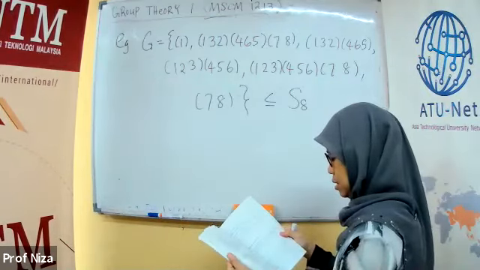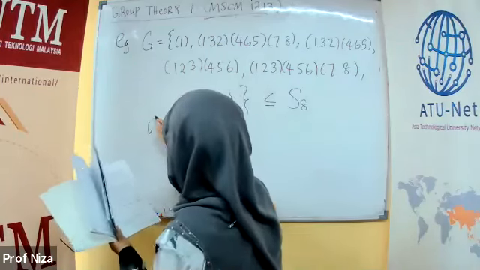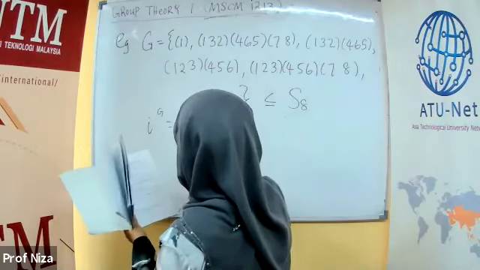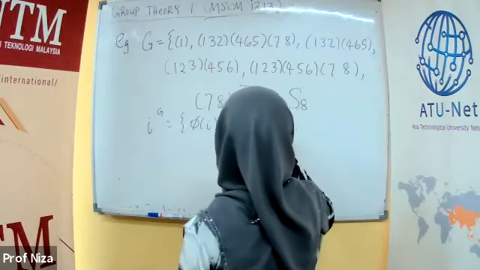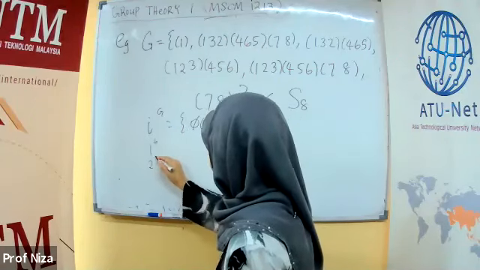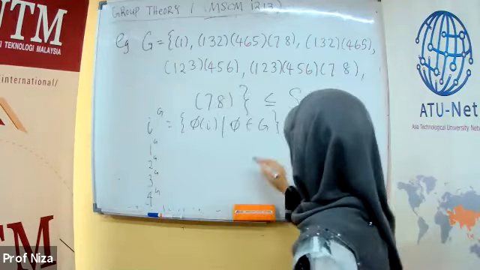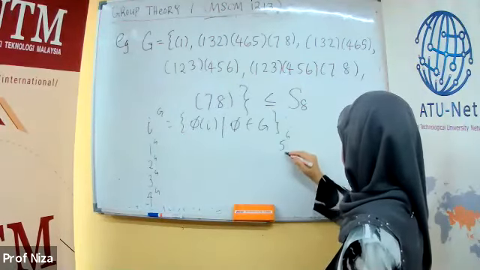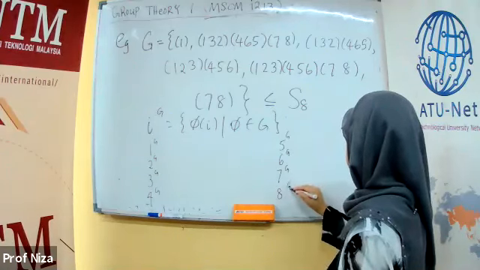Let me write out the definition of orbit again. I to the G is phi of I, phi in G. Okay, so you will need 1, 2, 3, 4, 5, 6, 7, 8.